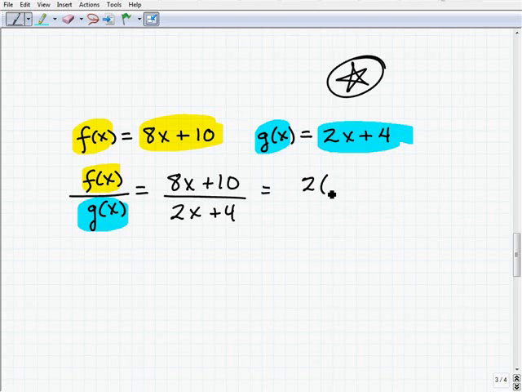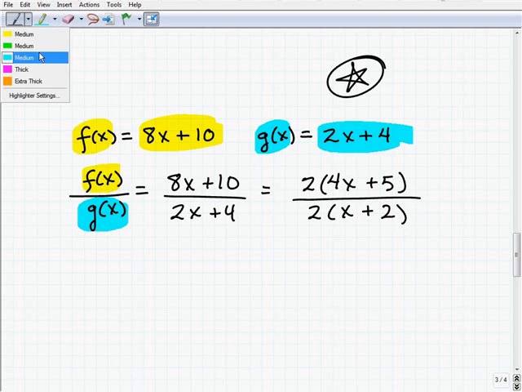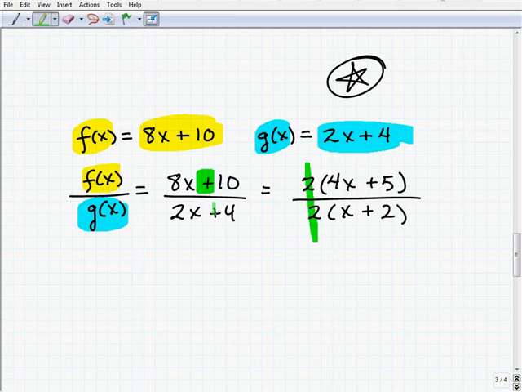This is a skill that you should already know how to do. This would be 2 times 4x plus 5 over 2 times x plus 2. So that's how the numerator and denominator factor. Now you can cross-cancel these two. That's allowable because this is multiplication. This is addition. You cannot cross-cancel with a term that's a sum or a difference.